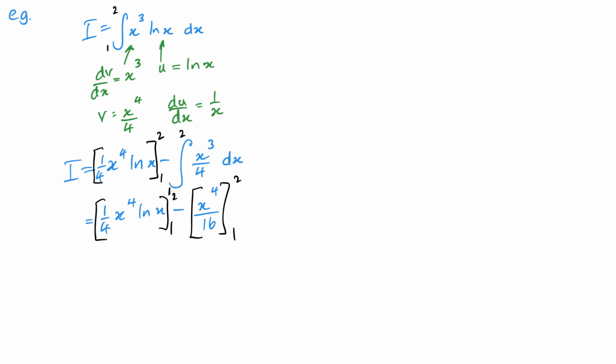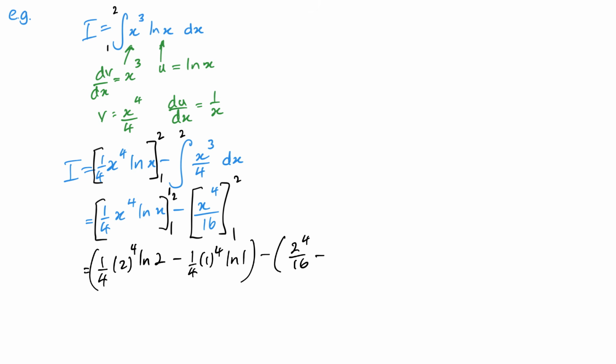So we can see here that we're looking to finish, it's going to be a quarter of 2 to the power 4 ln 2 minus a quarter 1 to the power 4 ln 1, and that's in my first set of brackets, and then I've got 2 to the power 4 over 16 minus 1 to the power 4 over 16 there.